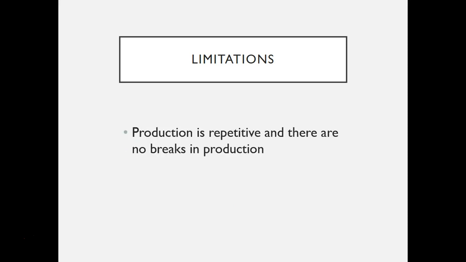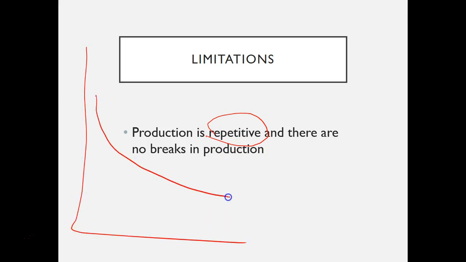So again, the key point is that for us to have a learning effect, it must be repetitive. We must be doing it over and over again. But as you can imagine, at some point this learning effect will cease, because you can only get so fast at doing something.